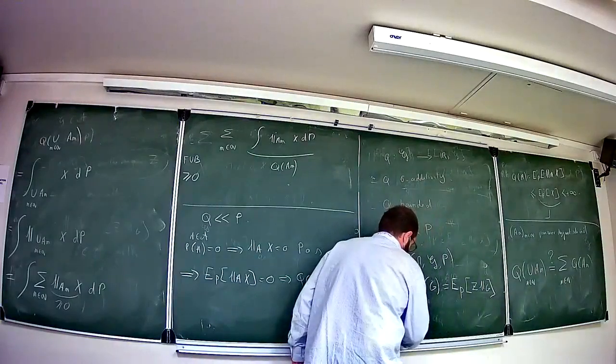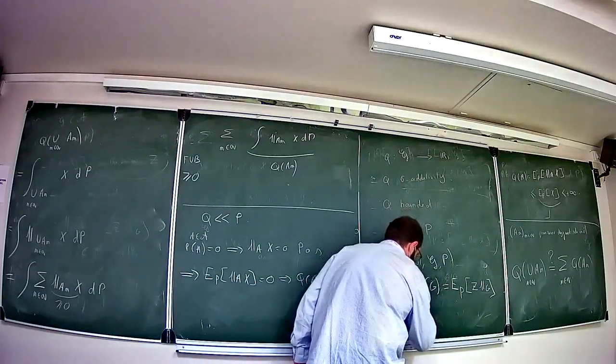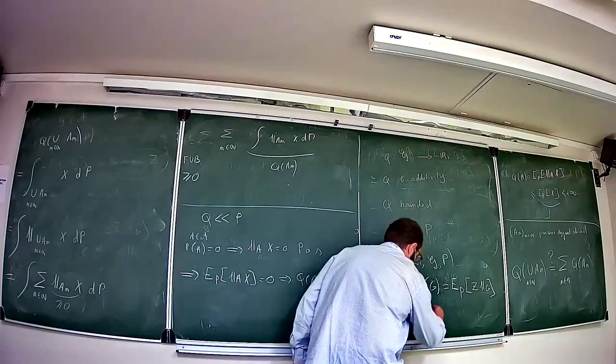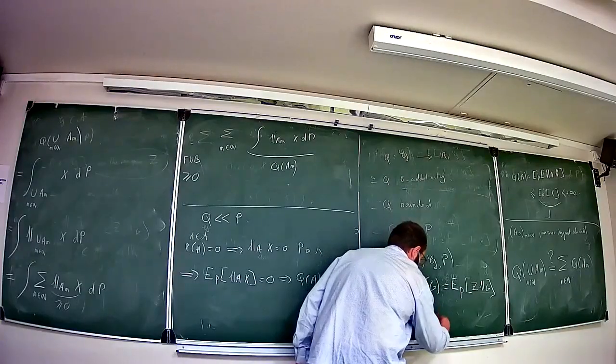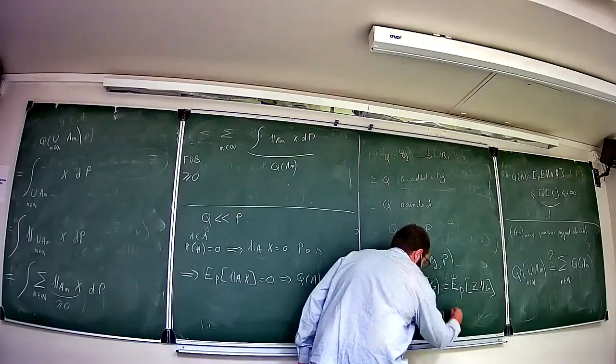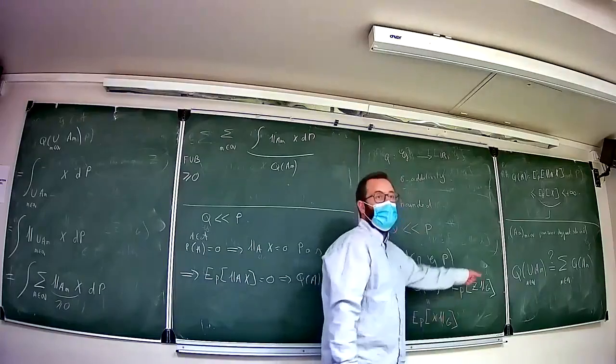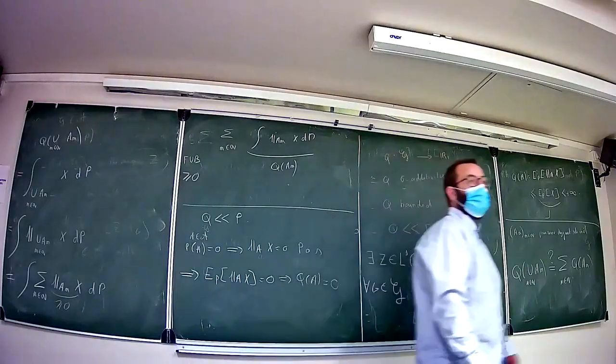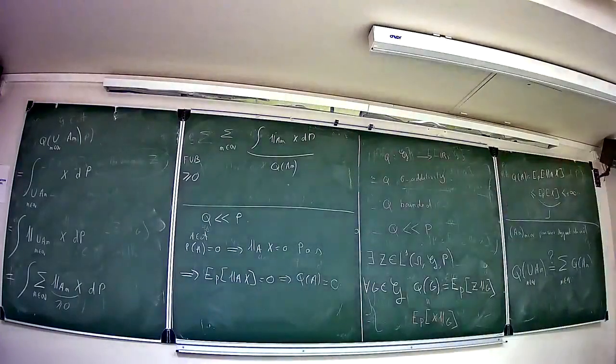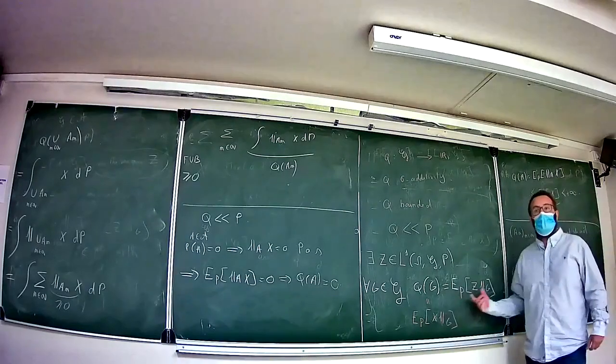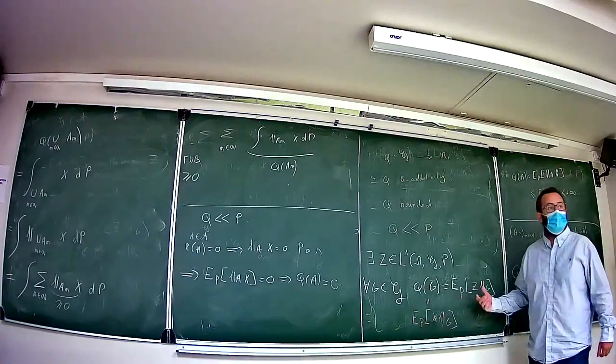It's the expectation under P of X indicator function of J. But you have exactly what you need to have in the definition of the conditional expectation. Z is J measurable in L1 and fulfills the equality between the expectations here.